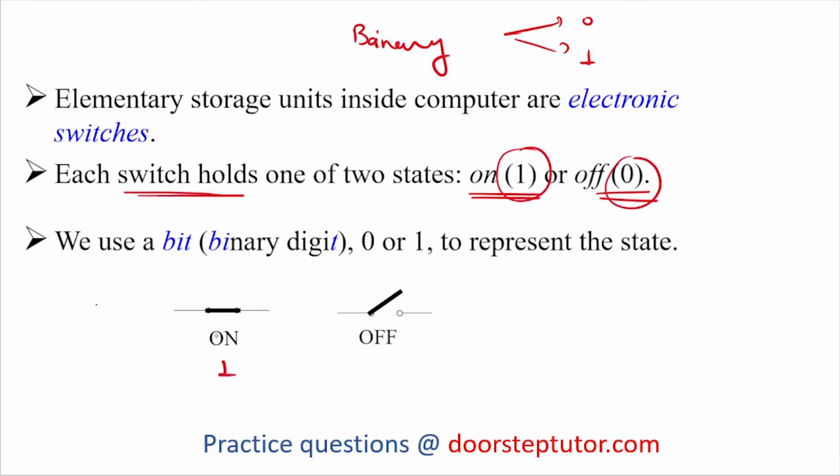So a switch when it is closed can be represented by 1, and when it is open it can be represented by bit 0. And 1 and 0 logic also represent the true condition and false condition. So we can use the bits 0 and 1 to represent different states.